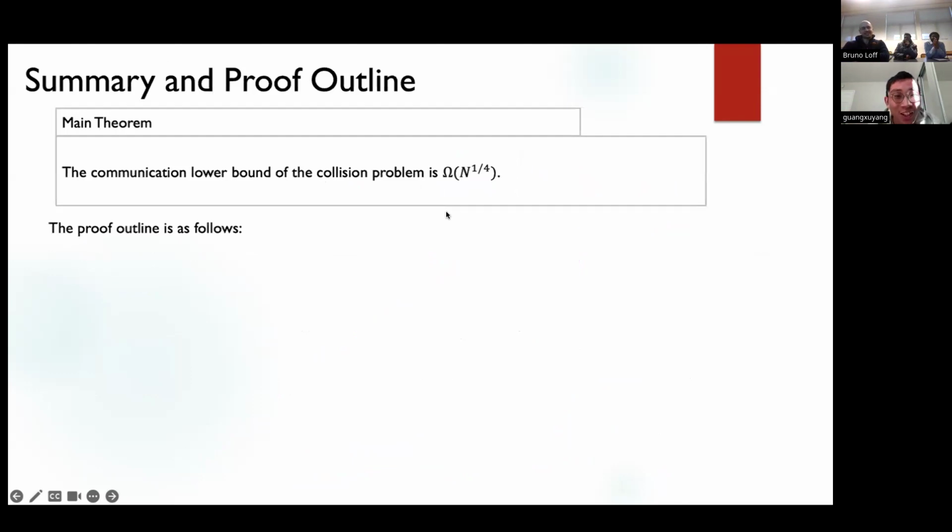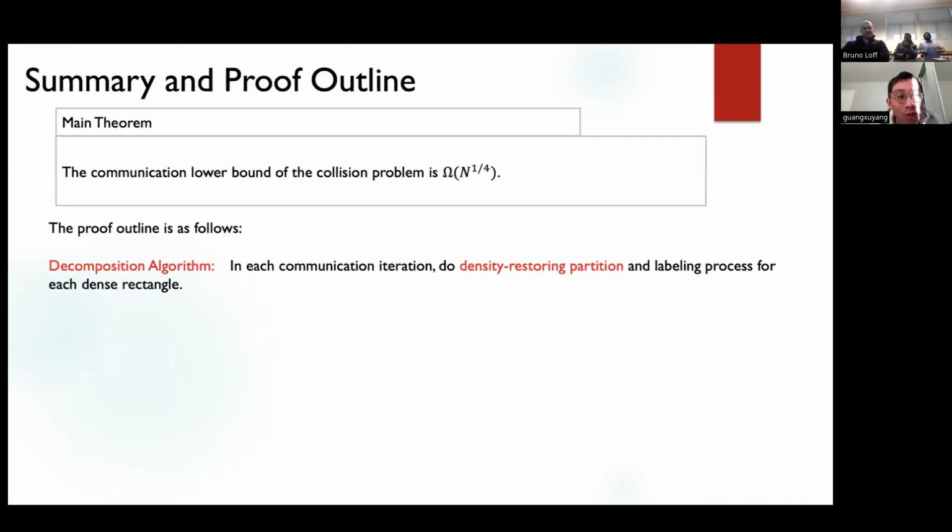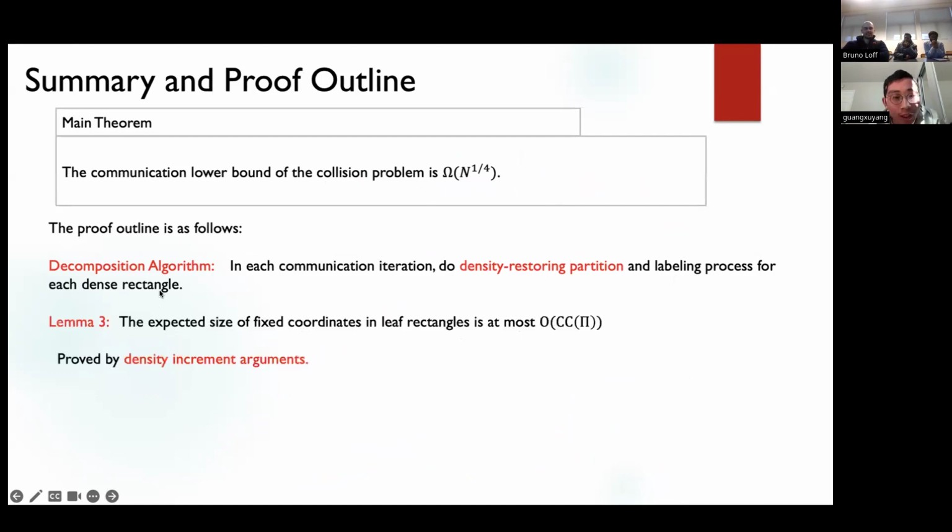Very good. So we'll give a summary of the proof. Number 1, we do a decomposition algorithm in each computation round. That is, do density resource partition and leveling process for each density rectangle. Number 2, we use a density argument, we use the density function.